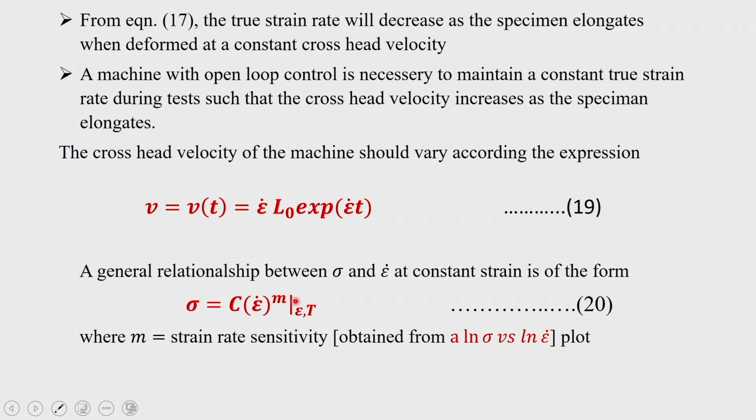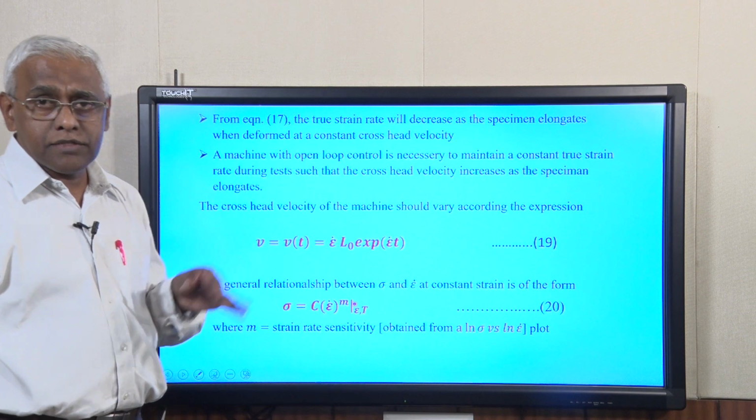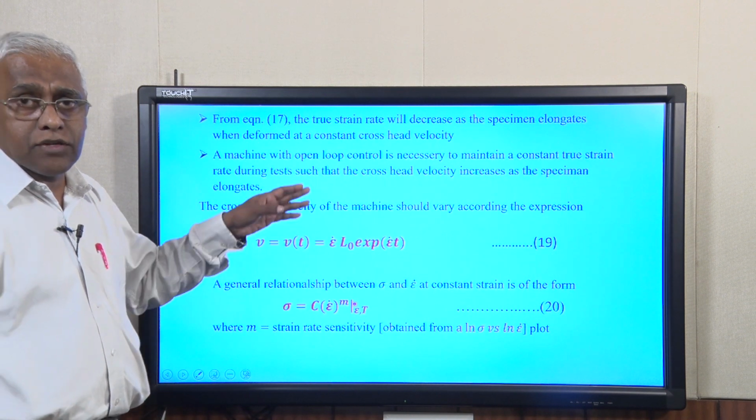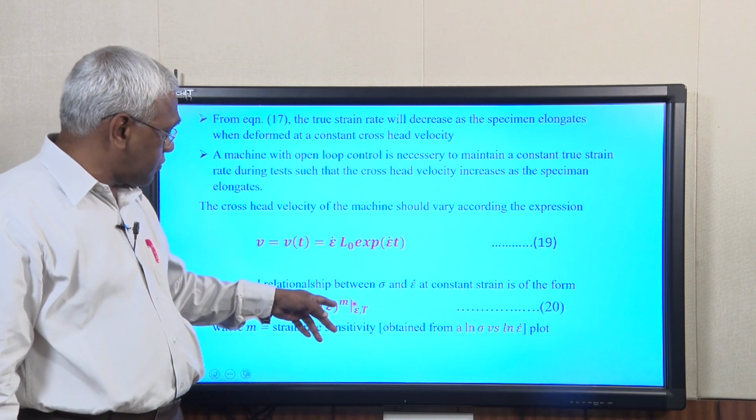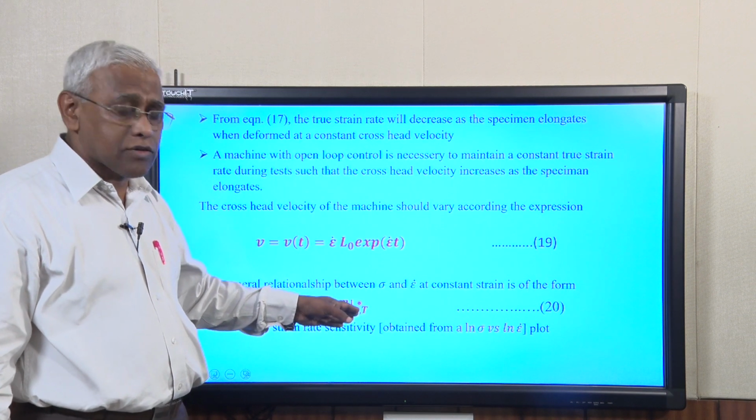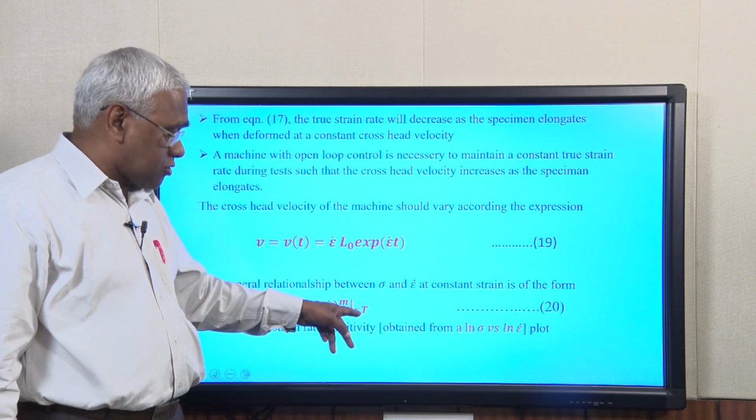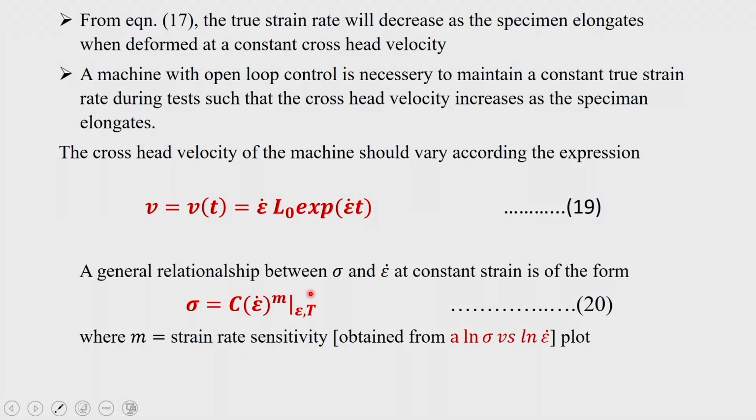This is similar to our previous Hollomon relationship. The experiment has to be done at a constant strain and temperature, at different strain rates, and you find the value of sigma for each.